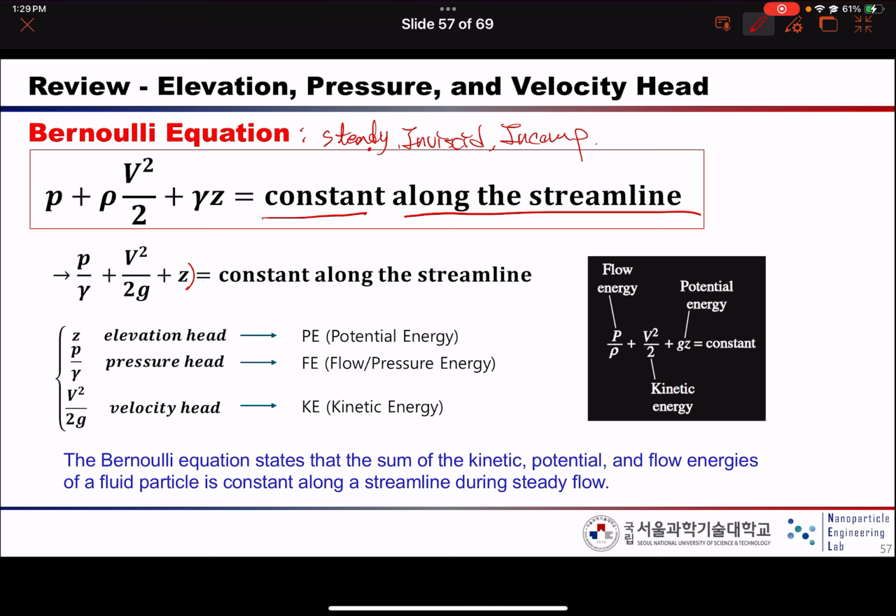And also this term we call the elevation head. So this one represents the potential energy, and this one we call the pressure head. This one represents the flow energy or the pressure energy, and this one represents the velocity head. So this one represents the kinetic energy. Okay.